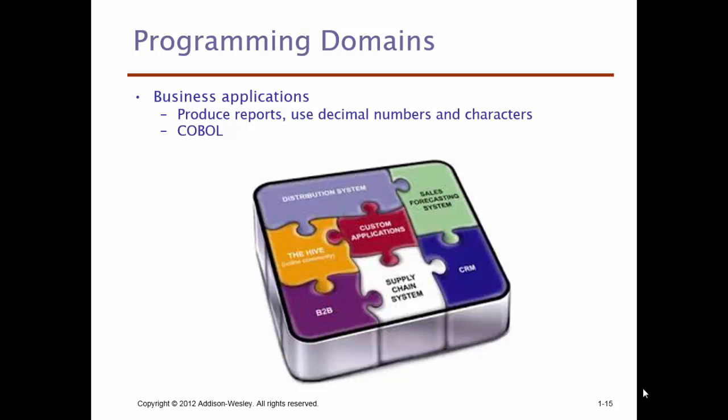The next domain for programming languages that we will discuss will be business applications. The use of computers for business applications began in the early 1950s. Special purpose computers were developed, and as you would expect, also special purpose languages. The first successful high-level language for business was COBOL.